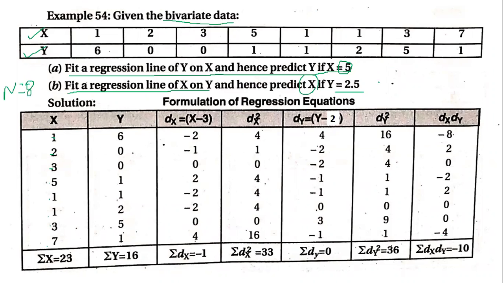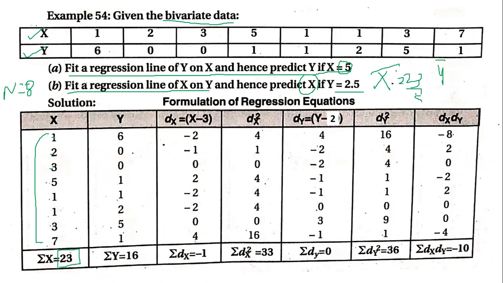So find me x bar and y bar here. Find the value of x bar. So to find the value of x bar, we are supposed to add all the x values, right? We are supposed to add all the x values and the total has come to 23. So 23 divided by 8.